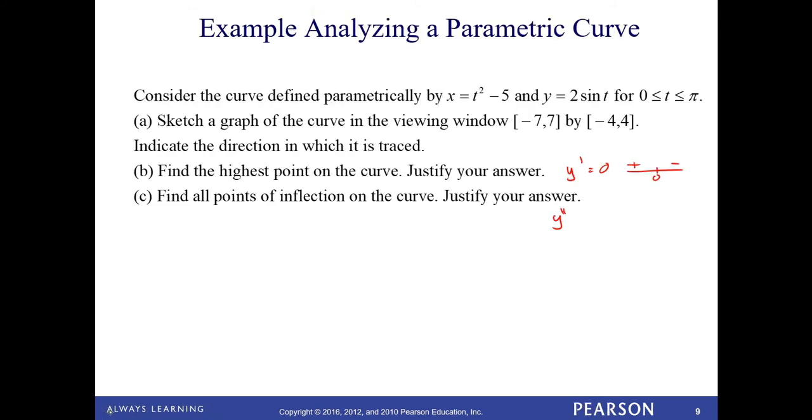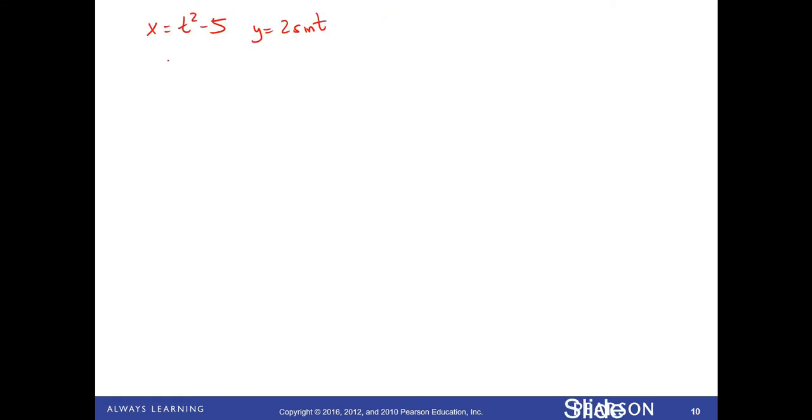So again, my formulas were x equals t squared minus 5 and y equals 2 sine t, going from 0 to pi. So I'm going to just very quickly take a couple of values here. I'm going to just use 0, pi over 2, and pi.